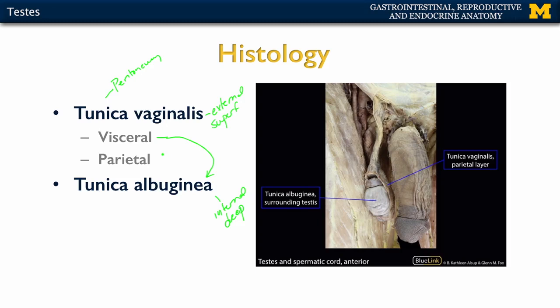In this image you can see it in this portion right here, a little bit tougher than the tunica albuginea. Albuginea stands for white, so it's a very dense white connective tissue, which gives it this appearance here, very closely adhered to the actual structure of the testes.